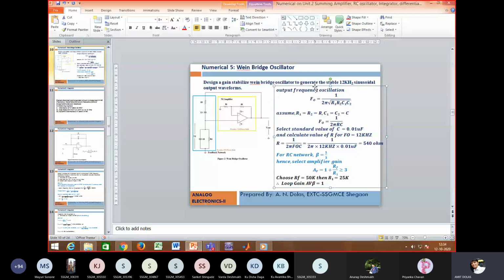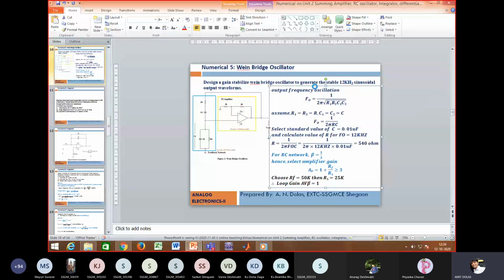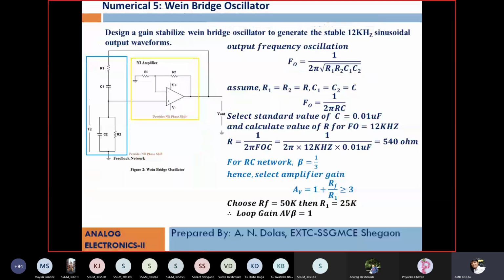So it comes 540 ohm. Let me verify again. So it's 2 pi multiplied by 12K multiplied by 0.01 microfarad.